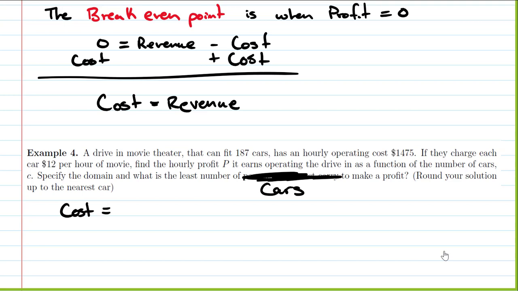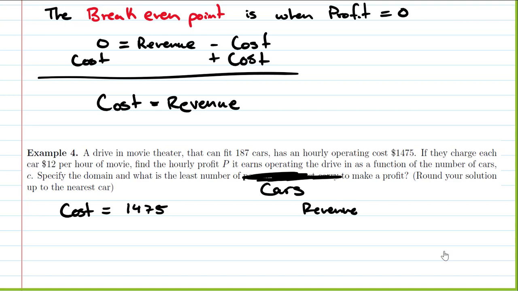So the cost to run the movie theater is going to be $1,475, and we have $12 per hour of movie. So let's go with our revenue as well. So our cost in this case is going to be $1,475, and that's just our hourly operating cost.